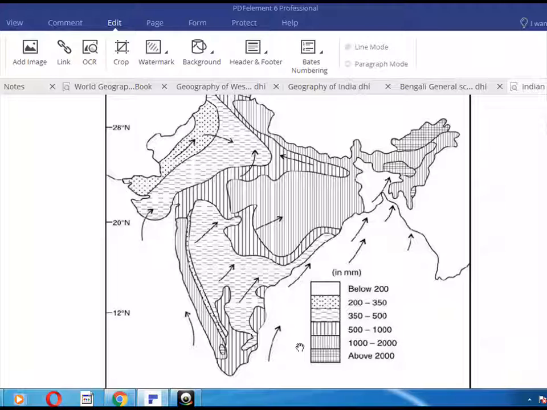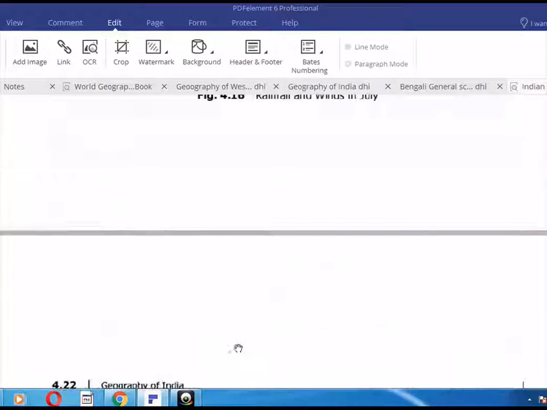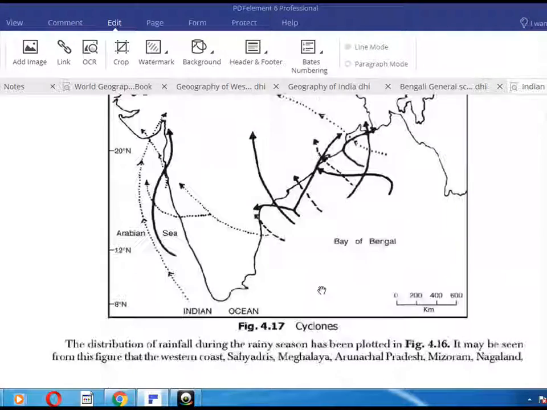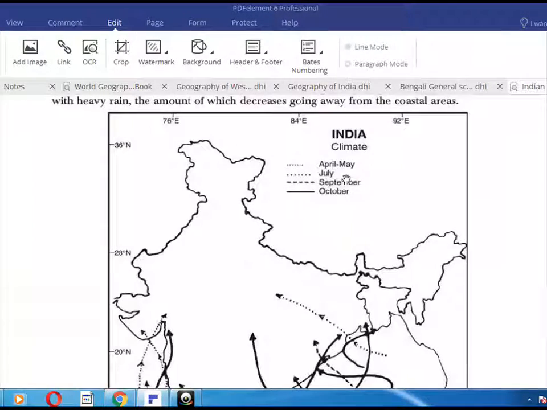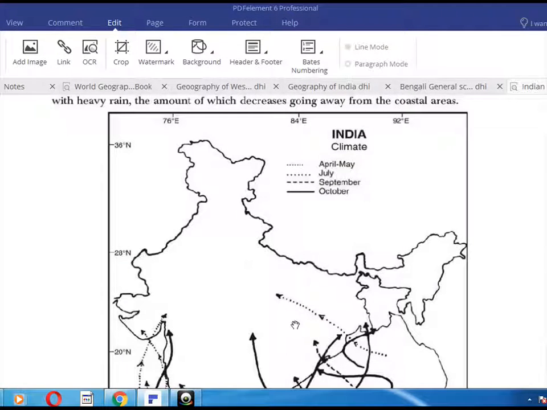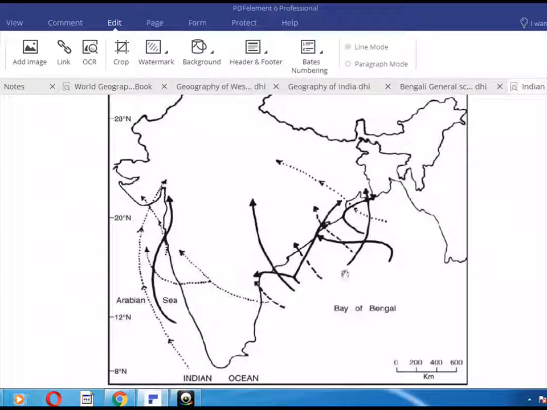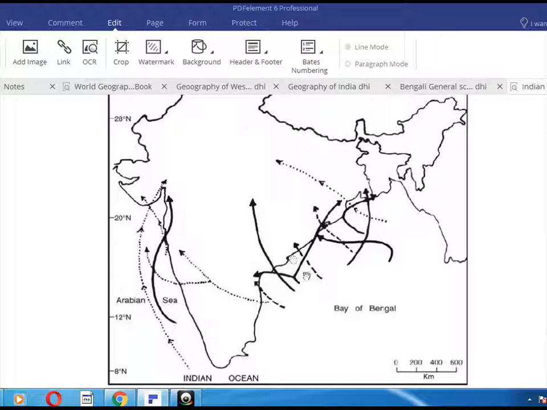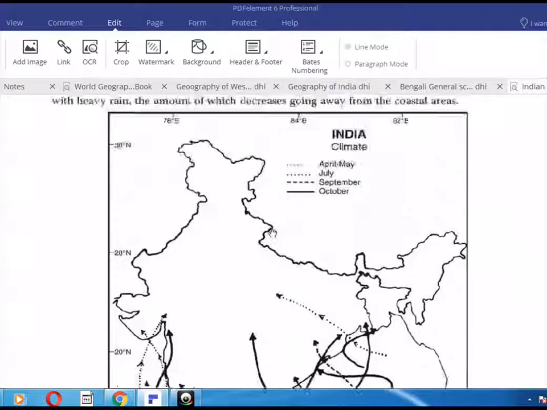So it is important. Here you can see above 2000, and here is the more important zone for rainfall and winds. Cyclones now occur in April, May and October. In October time cyclones are high, and also in April and September, but mainly October.